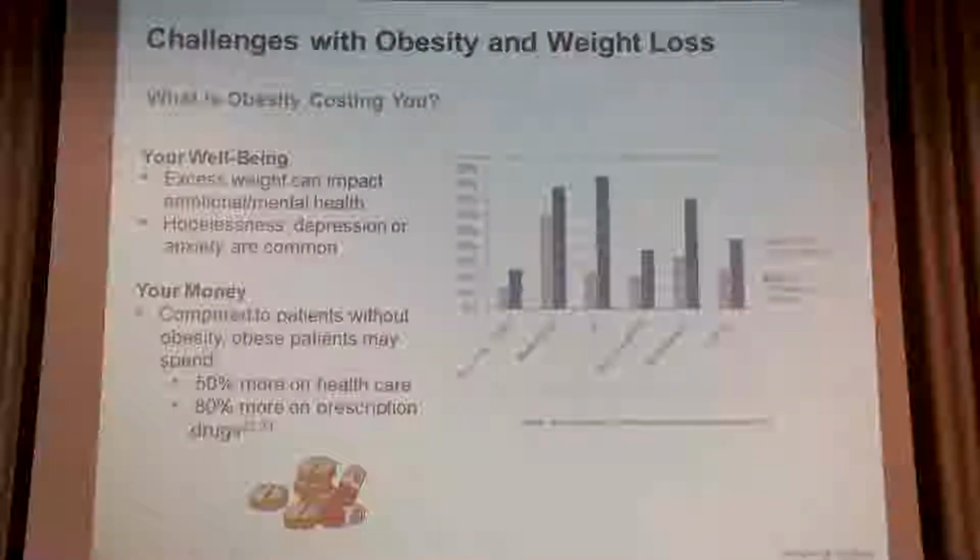We can see that there are more common things associated with obesity: hopelessness, depression, anxiety. I thought this was an interesting statistic: you'll spend 50% more on healthcare and 80% more on prescription drugs. It's more likely related to the fact that people that are obese typically have more problems, more issues, and so they need more pills, more healthcare, things like that.